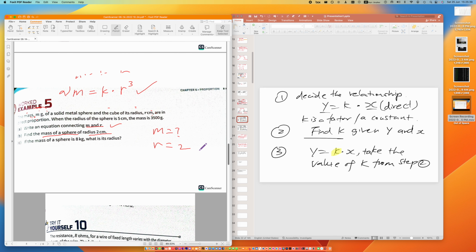Wait, you don't write the r first, right? Can you see m equals 28 times r cubed, right? Correct. You need to follow the order. You start with the m, next is what? 28. Then the r.